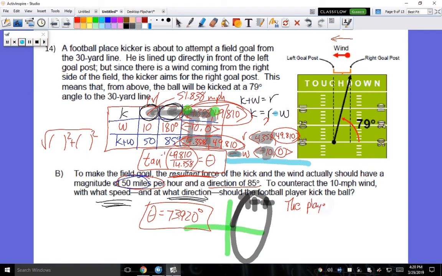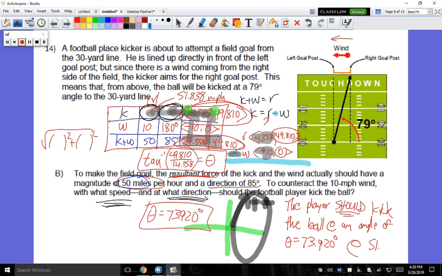The player should, based off of what this problem is saying, kick the ball at an angle of, we'll say theta equals 73.920 degrees at 51.8, what did we get over here? 51.838 miles per hour, which means that's what will make the goal actually happen.